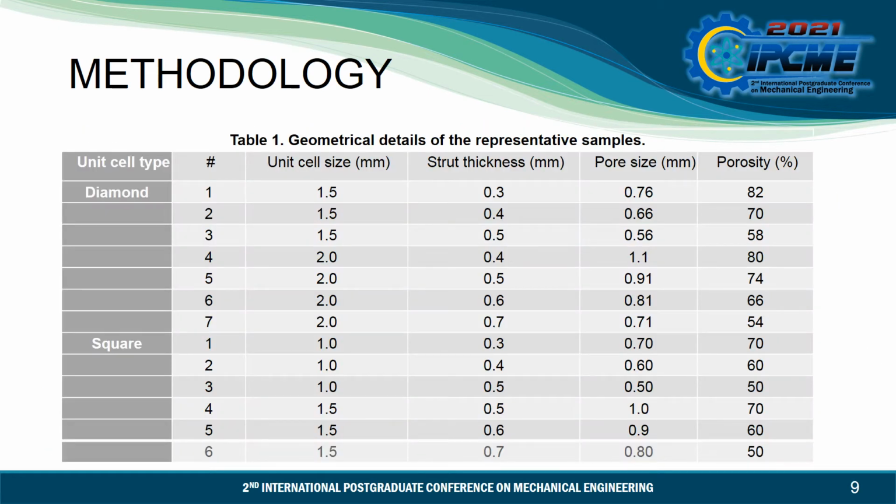Table 1 summarizes the geometrical details of the representative samples, where the diamond has 7 samples and the square has 6 samples.